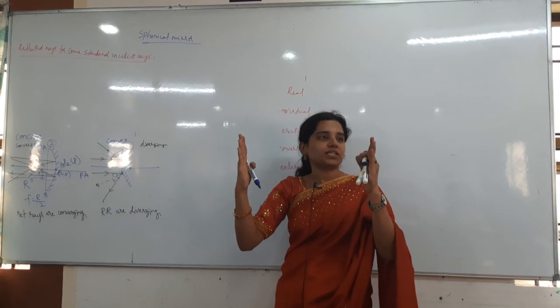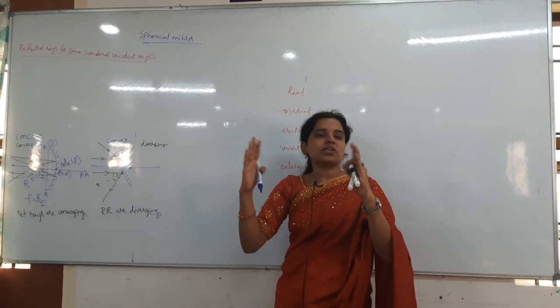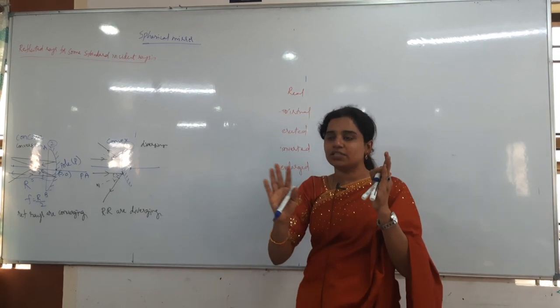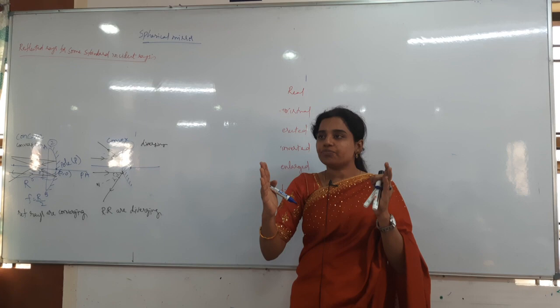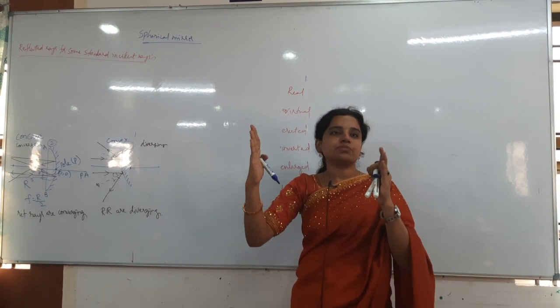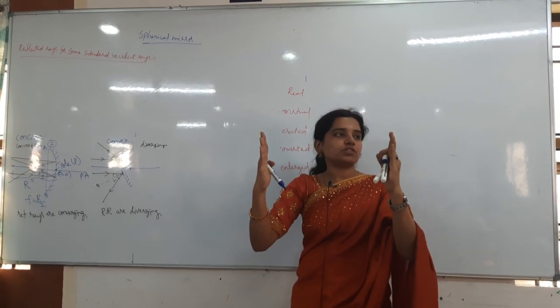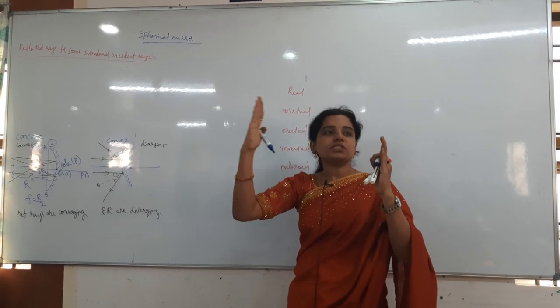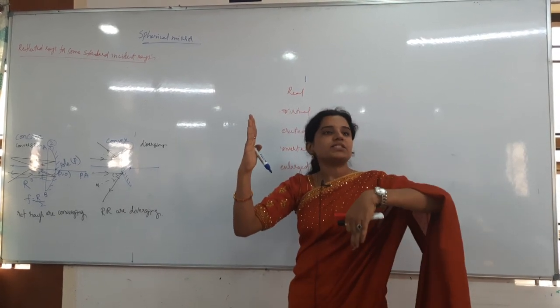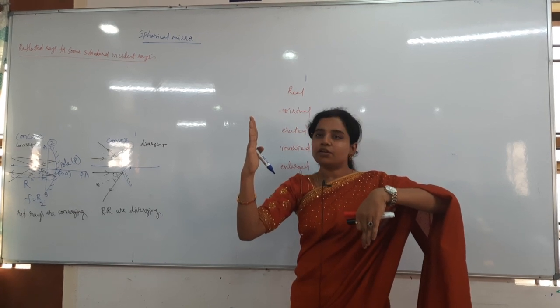Which type of image is that? Erected image. Virtual and real we discuss by the rays only, but now I am asking about erected and inverted. Whenever the object is in the upward direction but the image is in the downward direction, it is inverted.